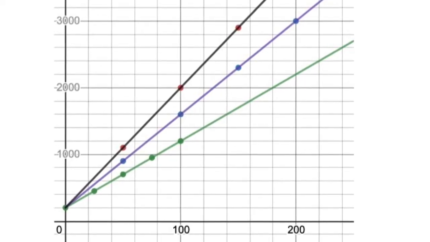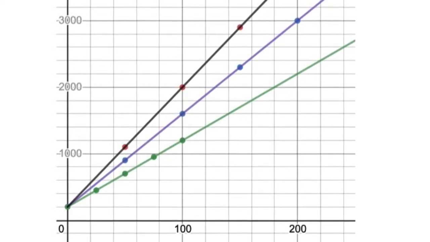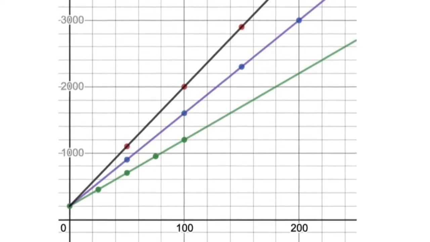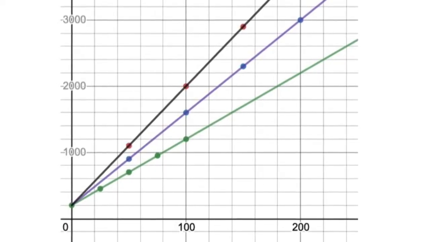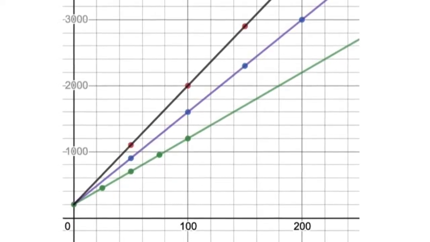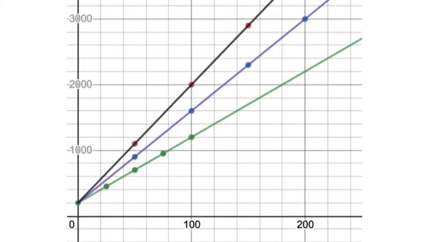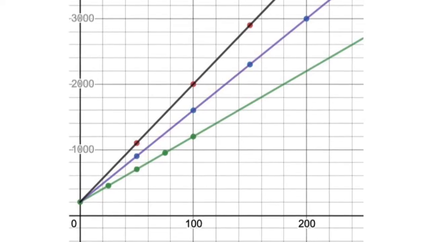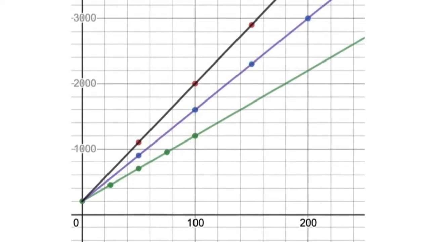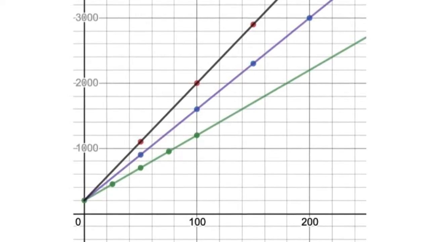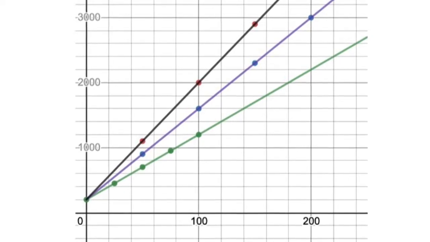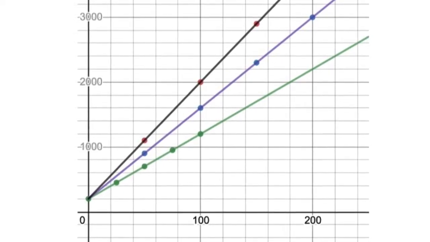I also want you to notice that all the lines, the blue, the green, the red, they have different steepnesses, because it depends on how much it jumps per person. If it only jumps $10 per person, the line won't be so steep. If it jumps $14 per person, the line will be a little steeper. And then if it jumps $18 per person, it's going to be even steeper.